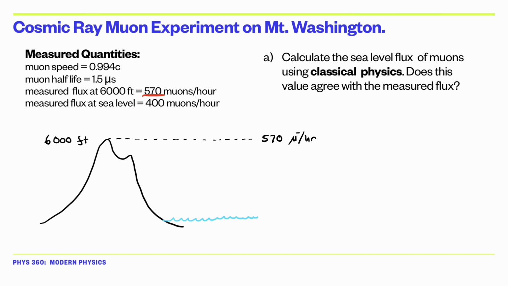The idea is that muons are constantly raining down from high up in the atmosphere, and some of them will decay right below the 6,000 foot level, but then others will make it farther down. Some of them will make it all the way down past sea level.